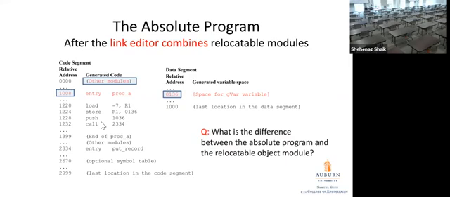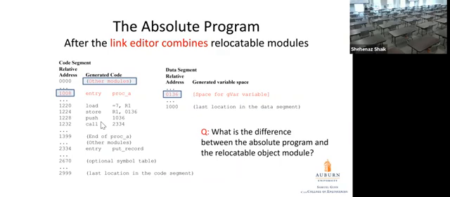But at some point, this object code needs to be loaded into physical memory so that the process can be executed, and the corresponding elements can be accessed by the processor.